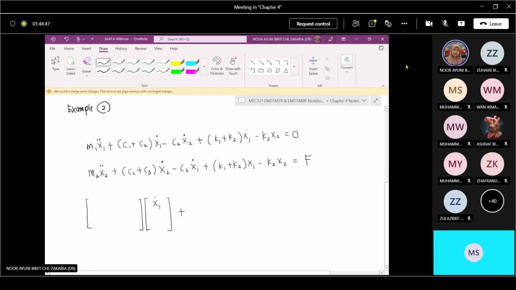This one is on the acceleration vector, and then you're going to have elements on the velocity vector based on the equation.